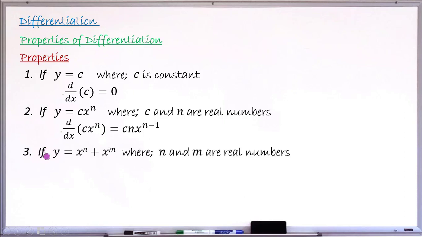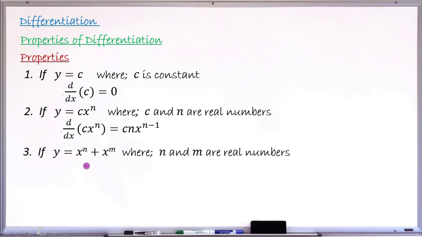Property number 3 says if you have the function y equals x raised to n plus x raised to m, where m and n are both real numbers, what happens to the derivative? In this case, you can see that the function y has two terms or more.